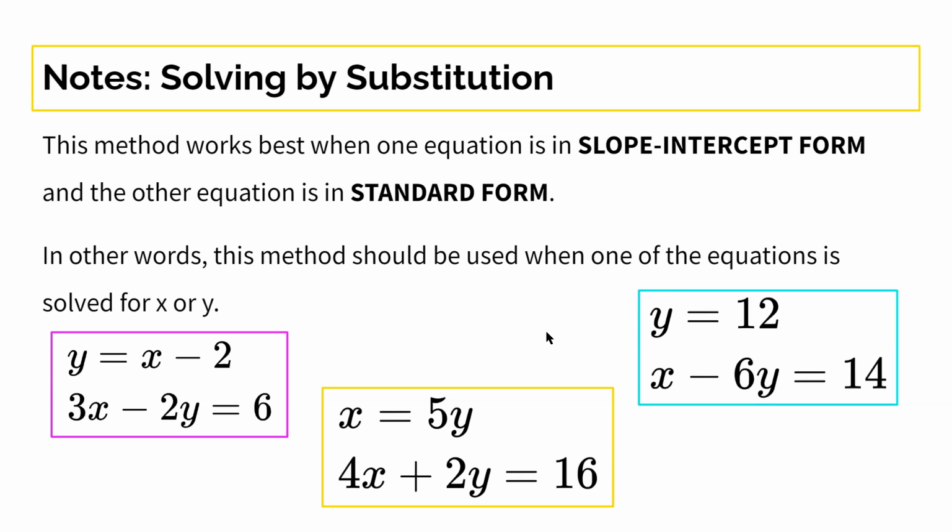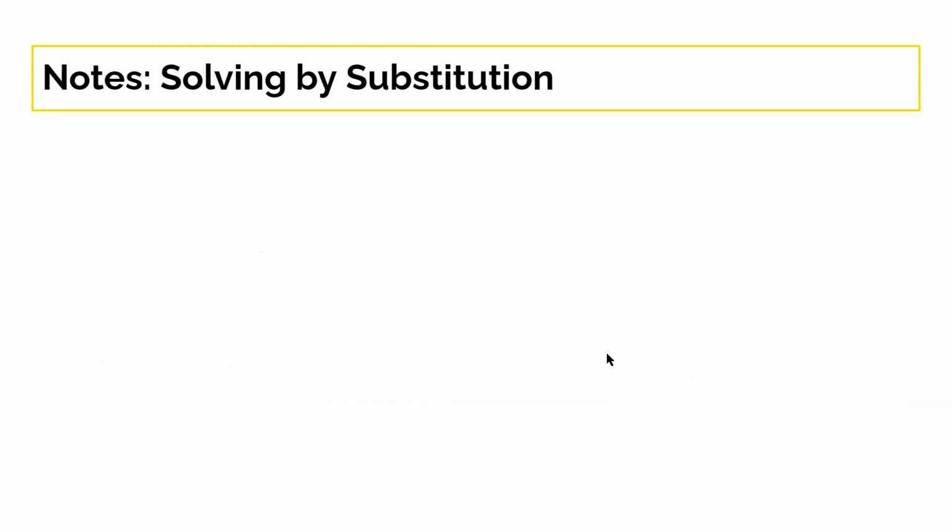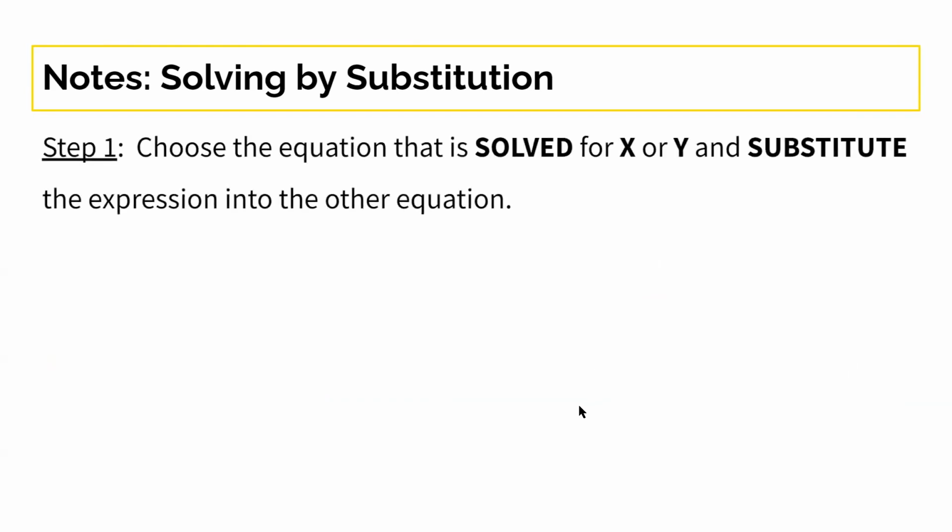Let's talk briefly about our step list for solving by substitution, and then we'll do two examples together. When solving by substitution, our first step is to choose the equation that is solved for x or y and substitute that expression into the other equation.